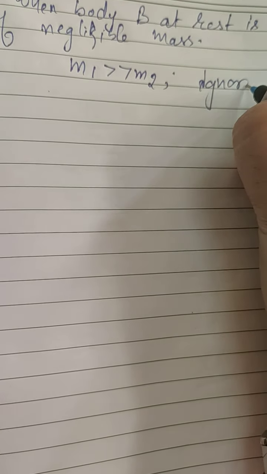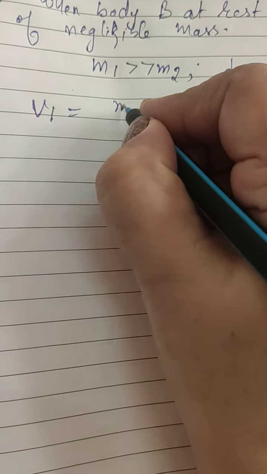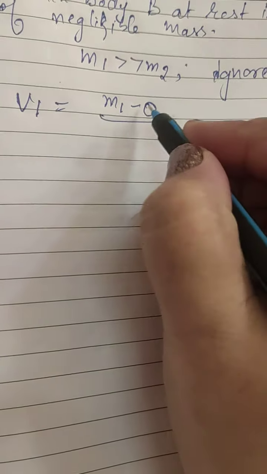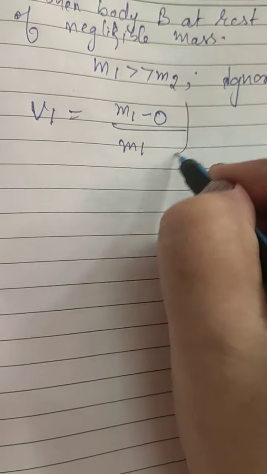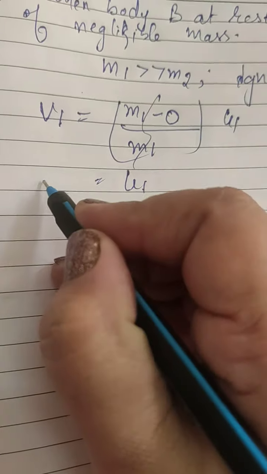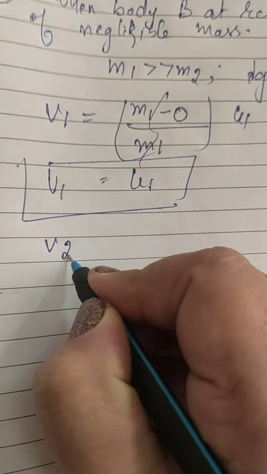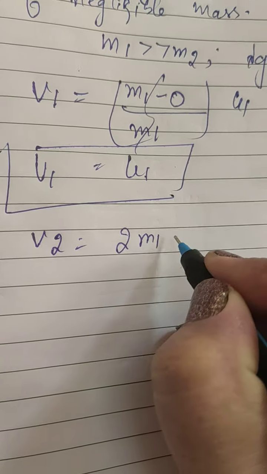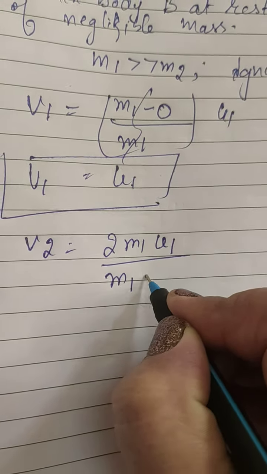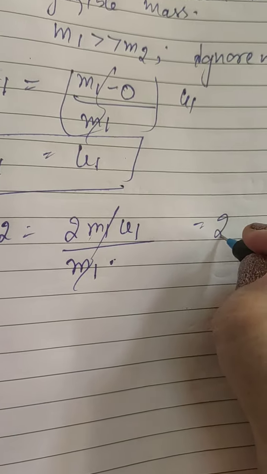In that case, the expression v1 is equal to m1 minus m2, and we ignore m2, putting it equal to 0, so this is m1 into u1 upon m1, which comes out to be u1. So v1 comes out to be u1, and v2 is equal to 2 m1 u1 upon m1 plus 0. We have ignored m2, so that comes out to be 2u1.